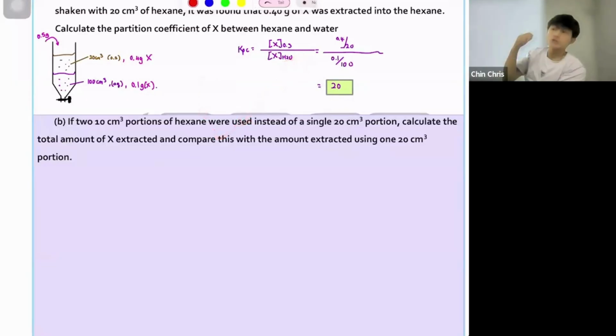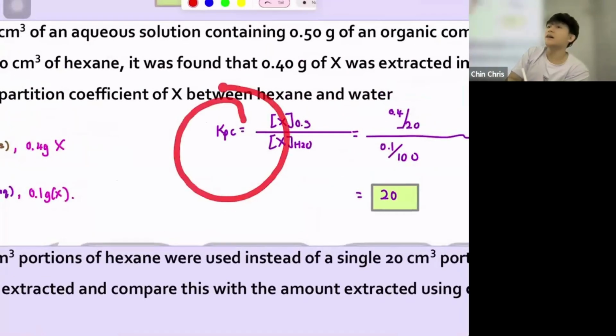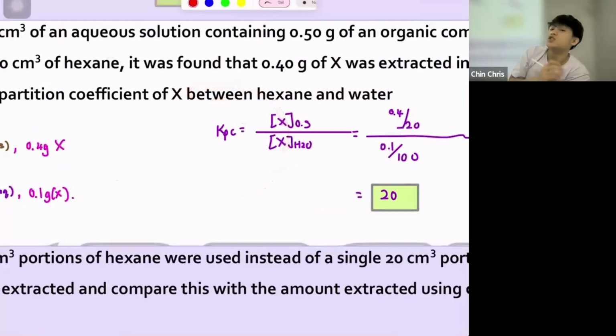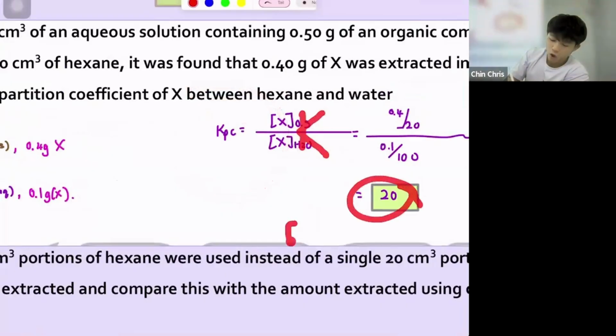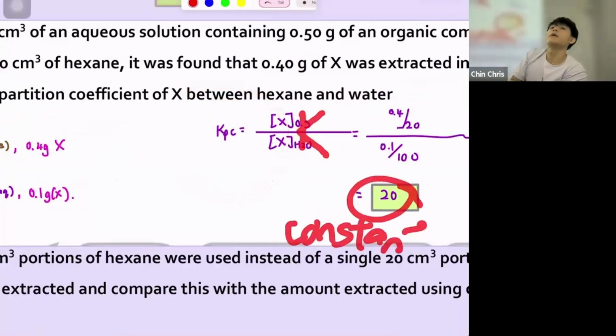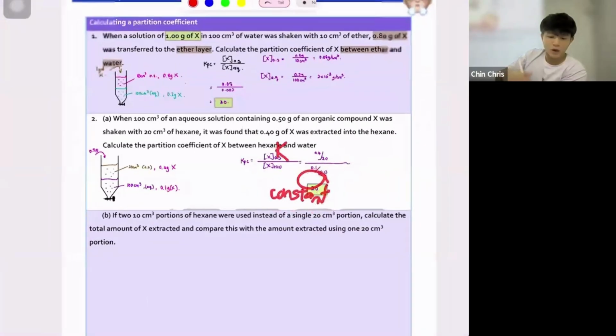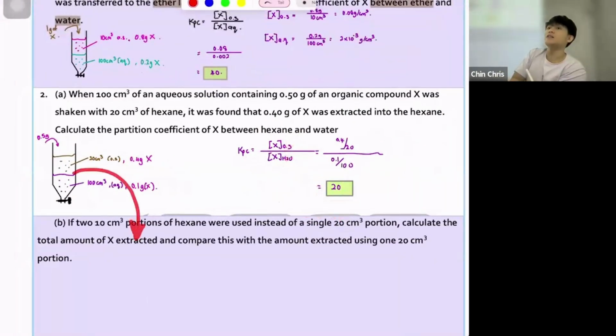Okay, guys, let's look at KPC value. Again, KPC value is just like any other K value, which means this is a constant, right? Am I right? Equilibrium constant. So under what circumstances will K change? When there's a change in temperature. Please add that. So if you are just swapping into another experiment, your KPC will still remain as 20.